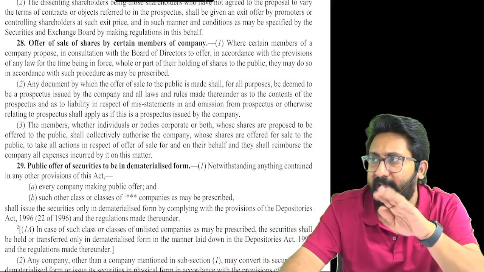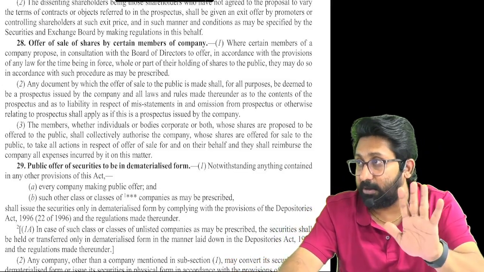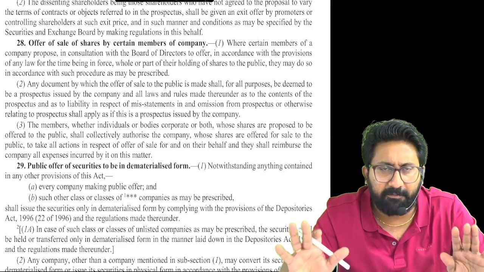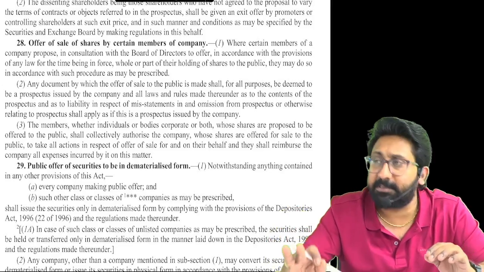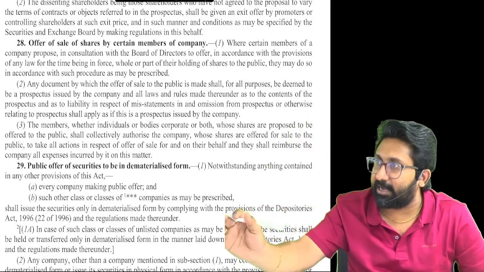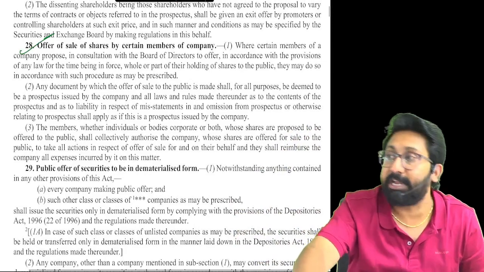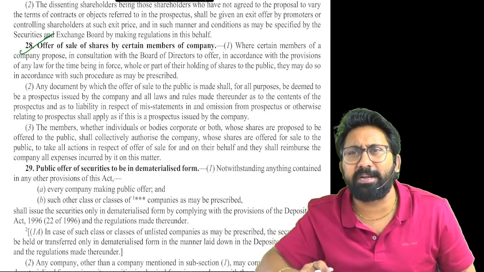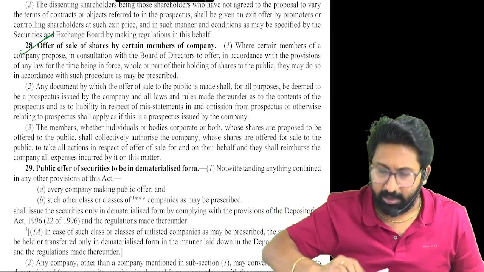At the beginning of 2021-22, LIC went on a public offer. A successful public offer, not a super success, but a success. The reason I am saying this is that LIC went under Section 28. What is this 28, sir? Listen carefully.